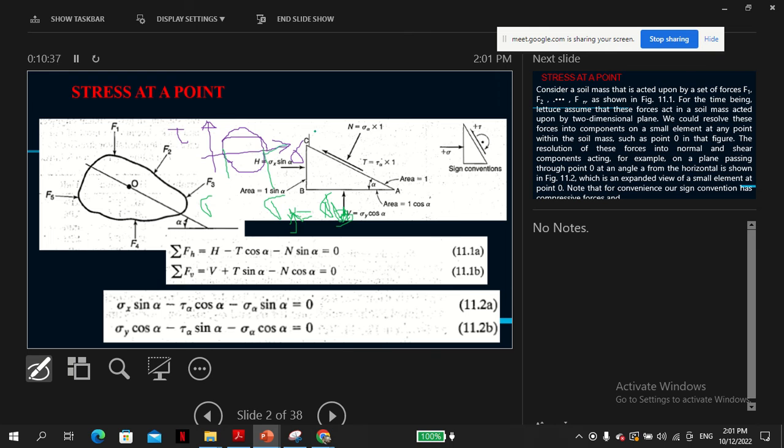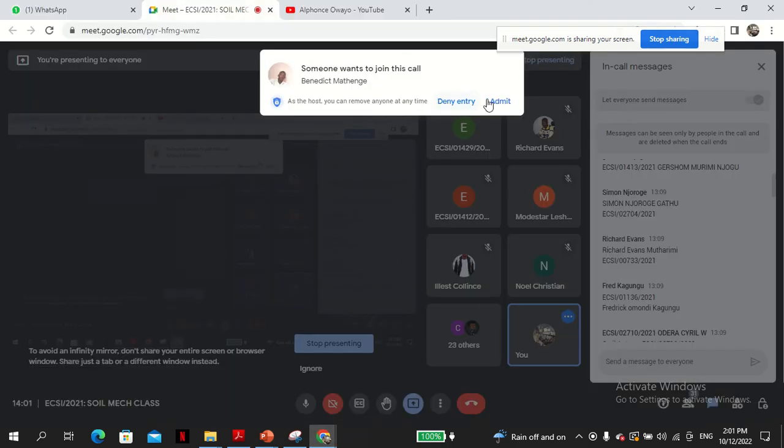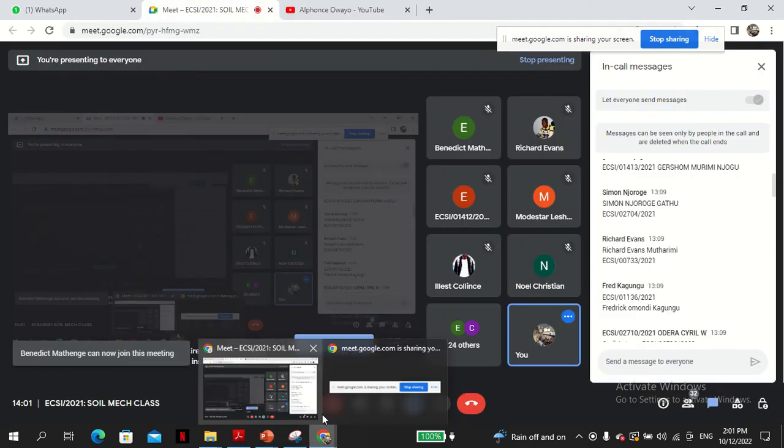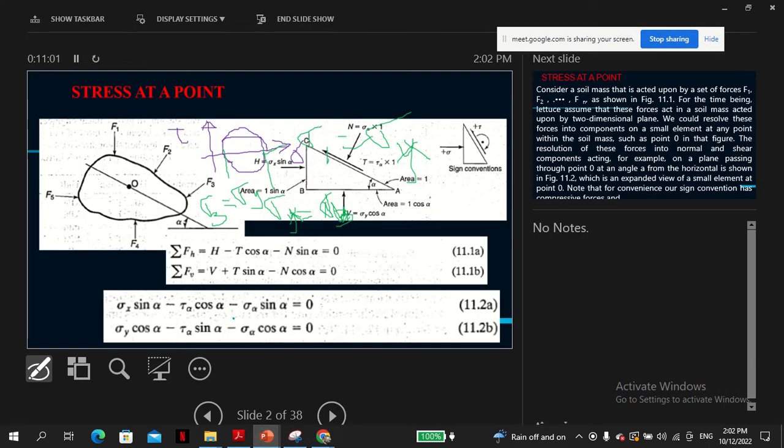Here this is sigma 1, which is equivalent to sigma y, and this is sigma 3, which is sigma x. I'm going to explain later. So that's the essence.